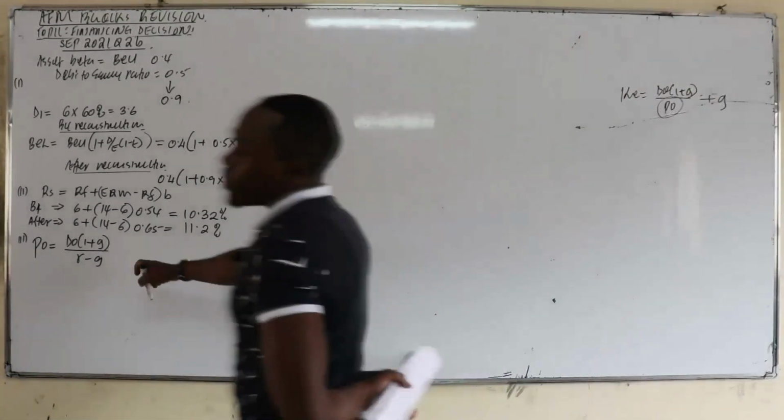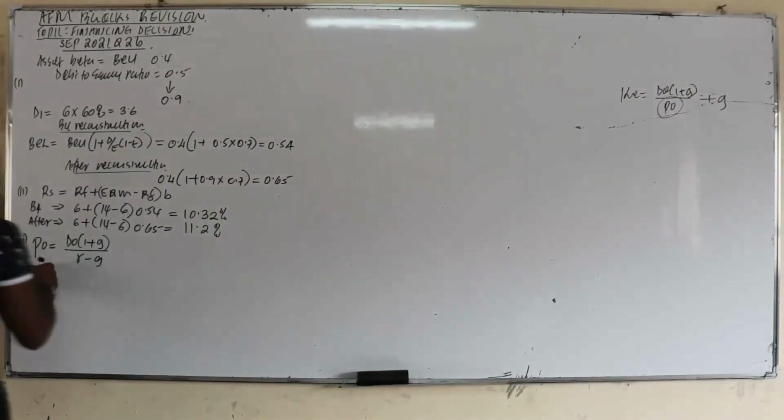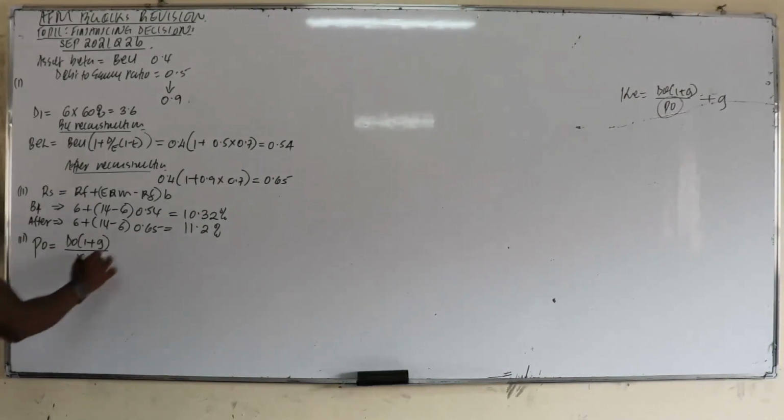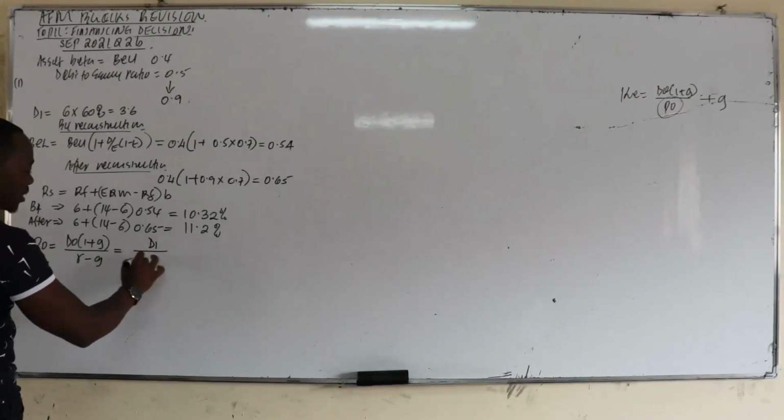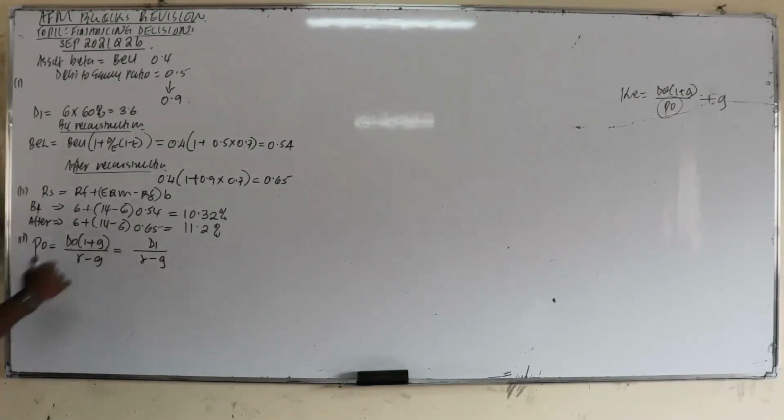When you're doing the corporate valuation, I showed you how to get the value of the share. D0(1 plus g) is equivalent to D1, R is the cost of capital, g is the growth rate. Do you have the growth rate? It's not there, so we compute the growth rate.